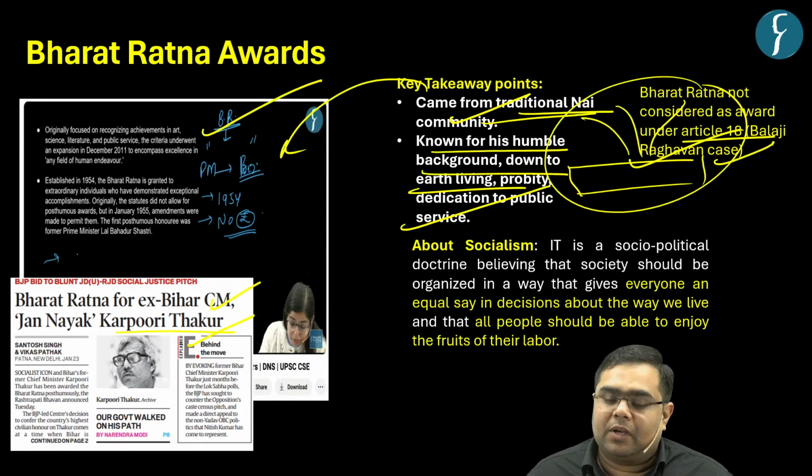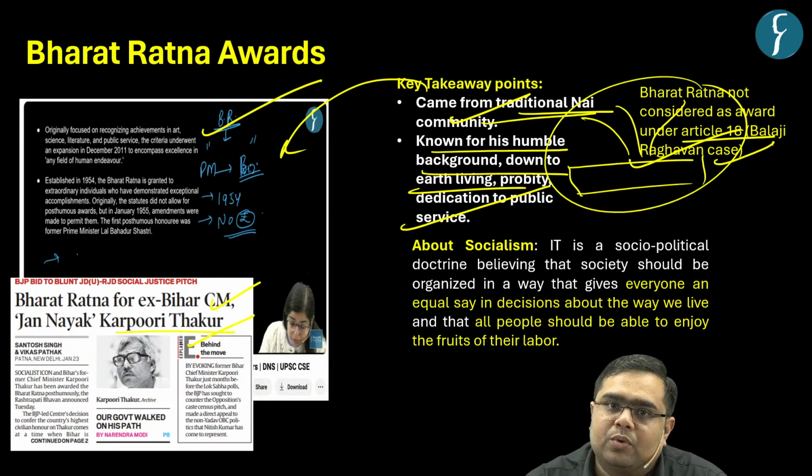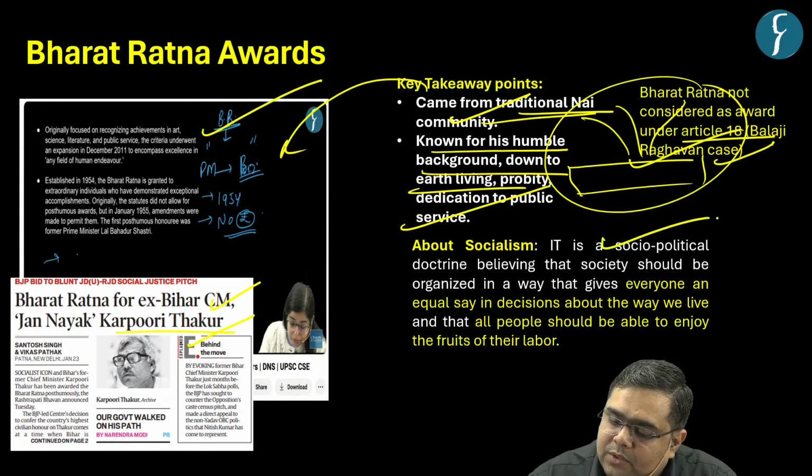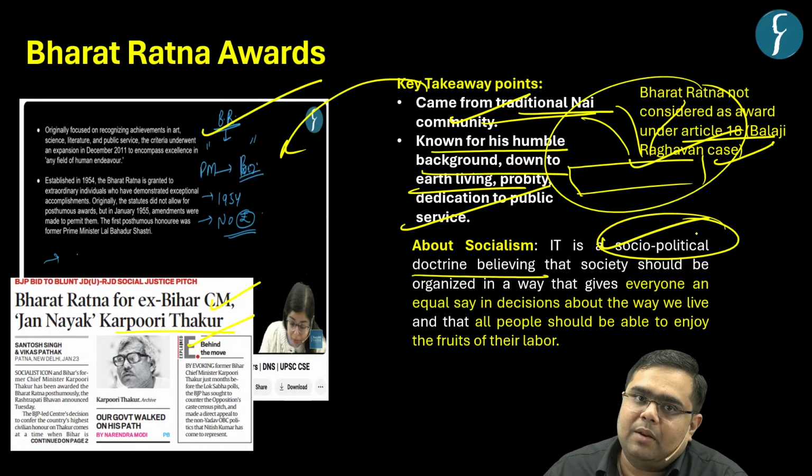Now, because he was a socialist leader, let us have a brief understanding of socialism or Samajwad. The word comes from the Latin word sociare, which means to share. It is a socio-political doctrine. Socio-political means it has a political impact as well.